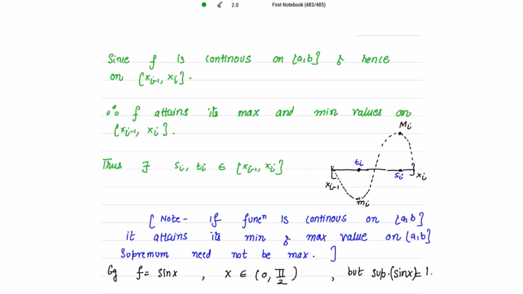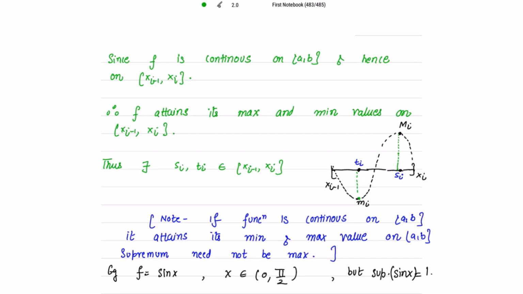Now here, because f attains its maximum and minimum values, there exist points s_i, t_i in this closed interval. Let me say that it attains the maximum value at s_i and the minimum value at t_i. Let's suppose that.